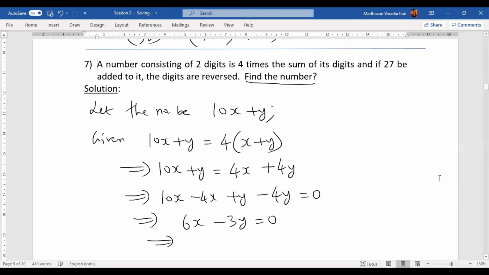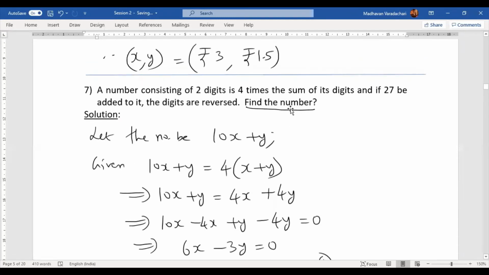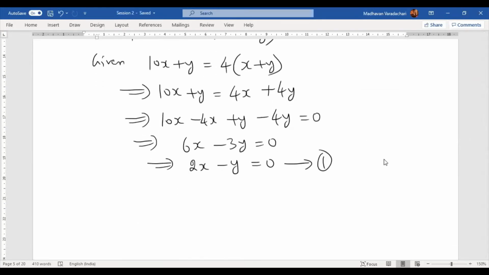Dividing both sides by 3, we get 2x minus y equal to 0. Call this equation 1. Right. Then what is the further thing given in the question? And if 27 be added to it, so I will say given to the number, if 27 is added, what happens?